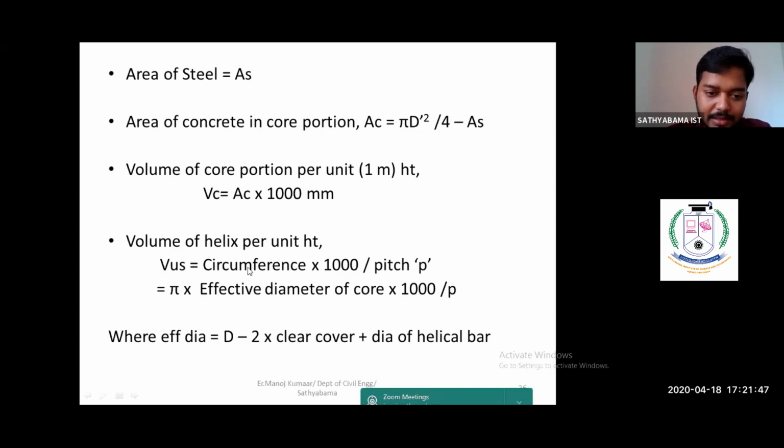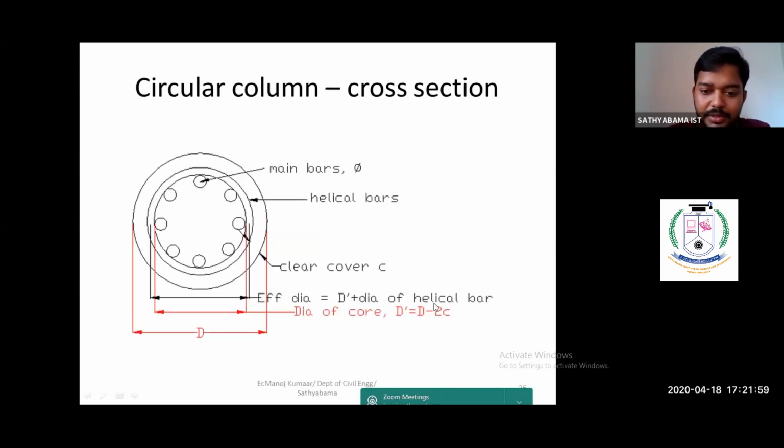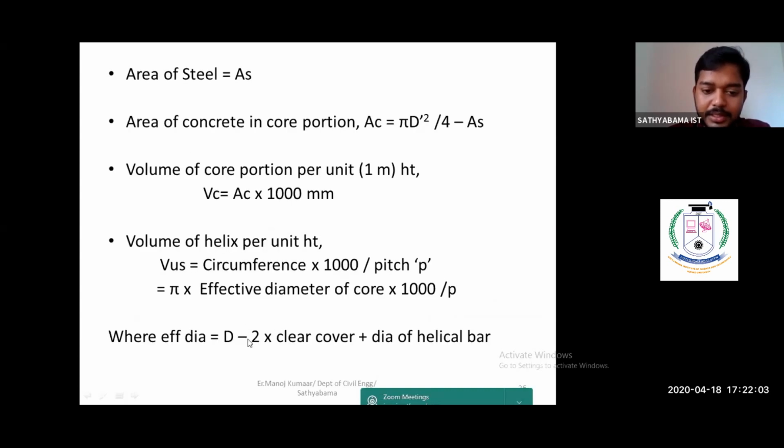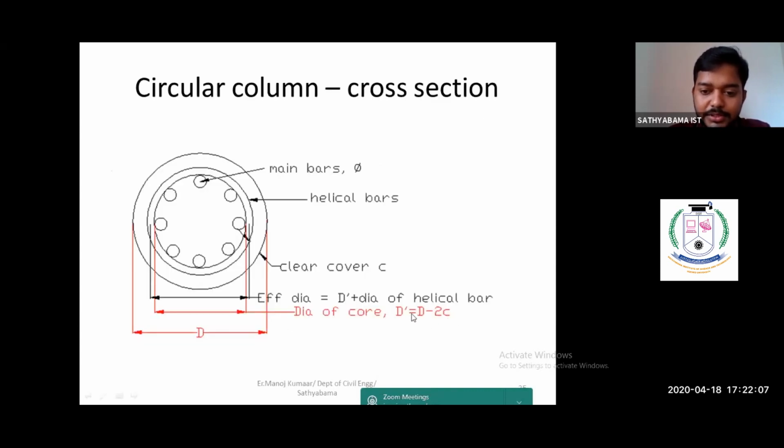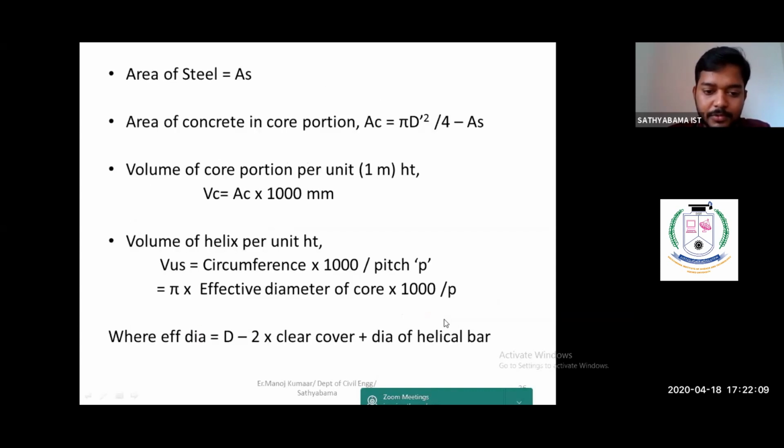Now circumference is calculated as pi into effective diameter of core into 1000 divided by pitch p, where effective diameter is nothing but D dash plus diameter of helical bar. Here D dash is substituted. What is D dash? D minus 2c. So D minus 2 into clear cover plus diameter of helical bar.